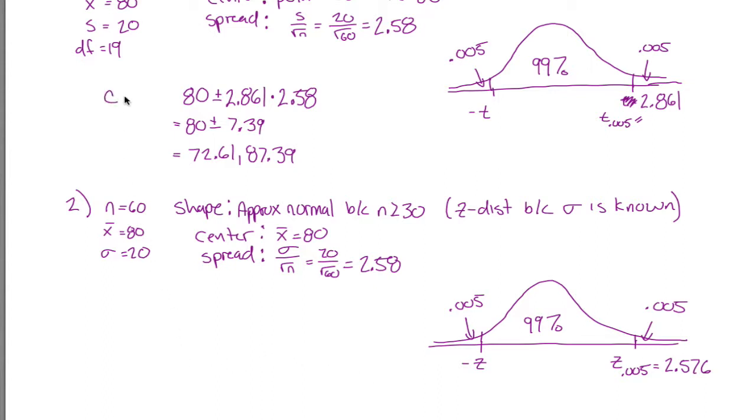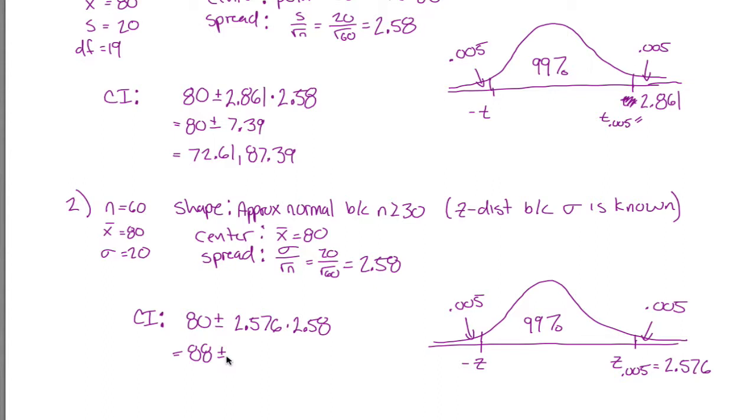So what we get is that our confidence interval is 80 plus or minus, instead of 2.861 standard deviations, 2.576 standard deviations. And that's 80 plus or minus, but I need to know what 2.576 times 2.58 is. Pull out my calculator real quick.